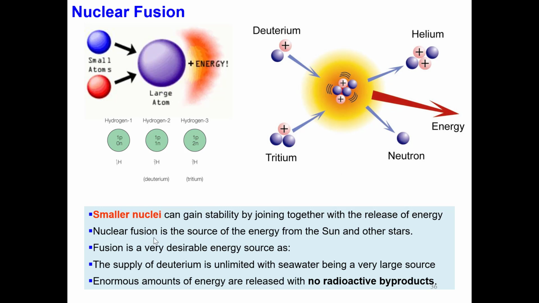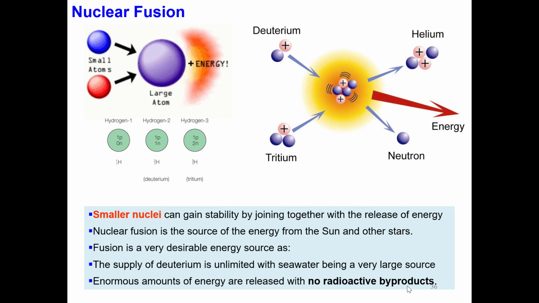Nuclear fusion is the source of energy of the sun and other stars. Fusion is also a very desirable energy source because one of the reactants, deuterium, is unlimited, with seawater being a very large source. Also, a large amount of energy can be released with no radioactive byproducts. That is the case of nuclear fusion.